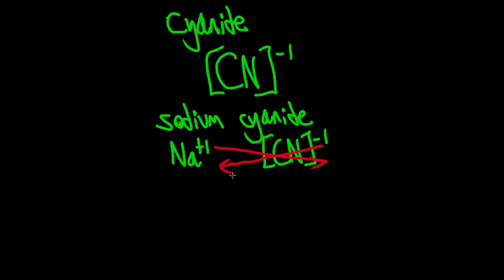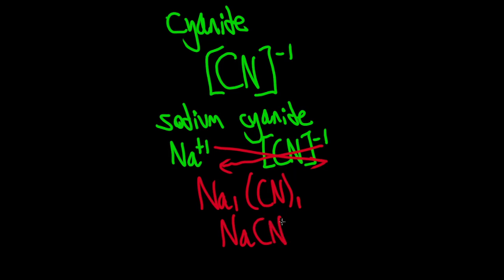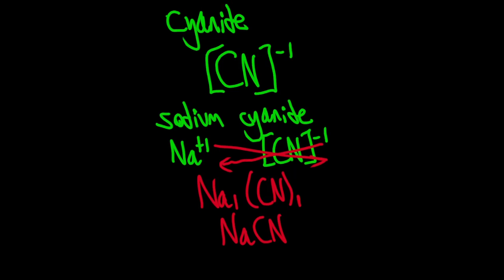I do a crisscross method, and I get Na1, CN1, and because all of that is ones across the board, I can just call it NaCN. Okay, my hazard for these, as you can probably figure out, is that these are going to be highly toxic. That's going to be my main hazard associated with these.